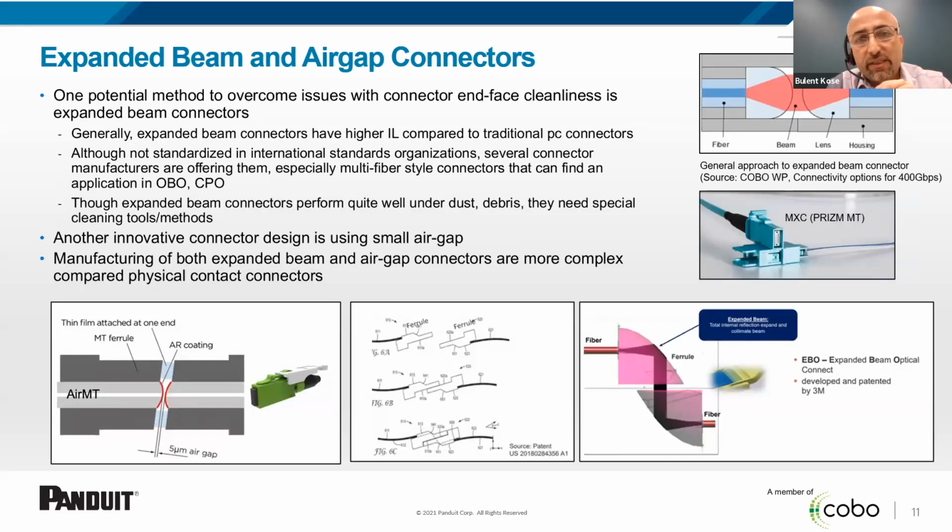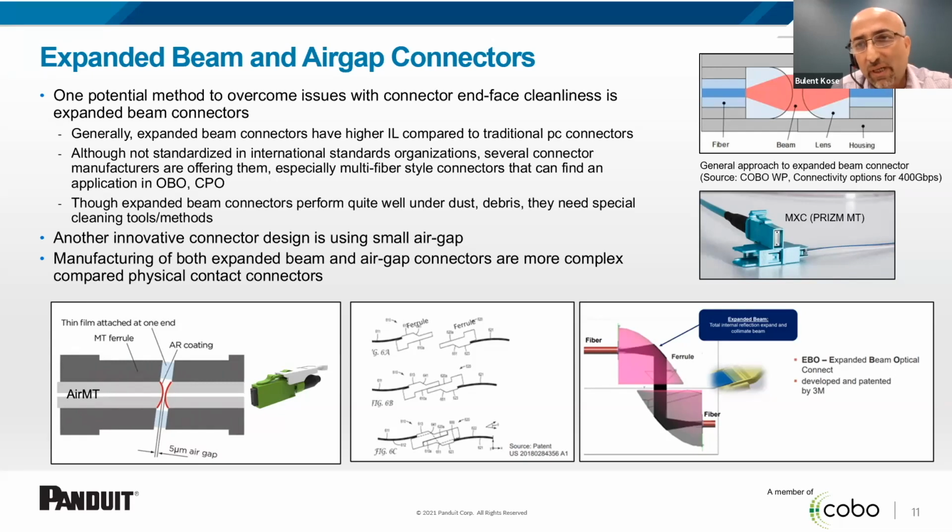So regarding end-face cleanliness, there is one connector type that could help. That's expanded beam and air gap connectors, and I wanted to mention that as well. Generally, expanded beam connectors have higher insertion loss compared to traditional connectors. That's one of the reasons why it took some time for these connectors to come into the picture.